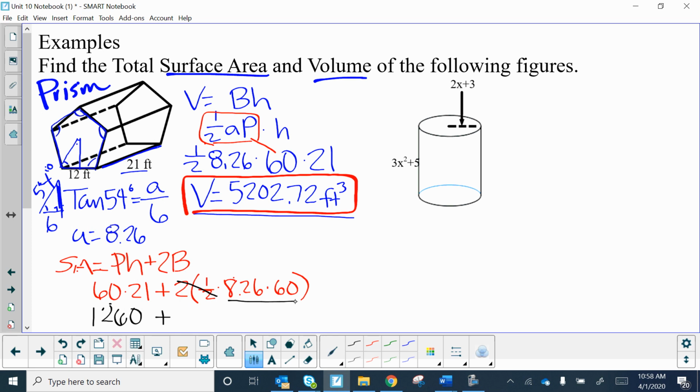Now I'm just going to times it by 60, which is roughly 495.497.